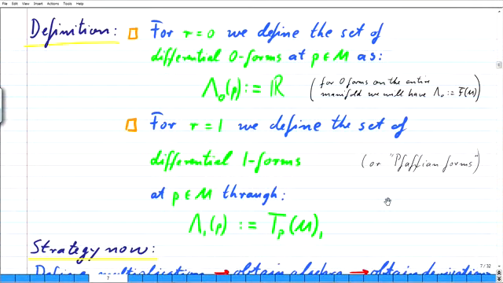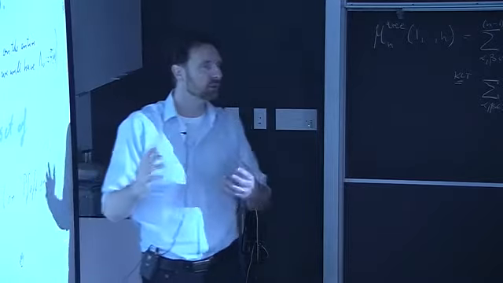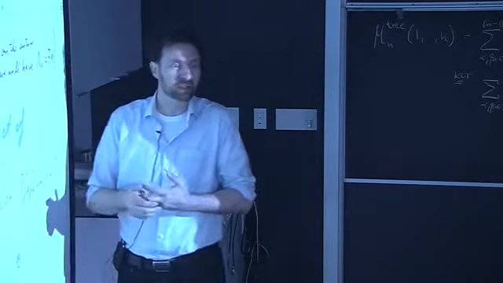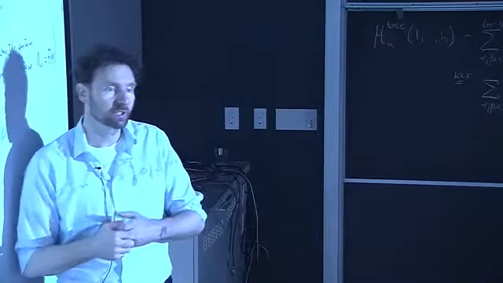Now what about r equals 0 and r equals 1? There's nothing to antisymmetrize. But remember I said that whenever we integrate over r dimensions, then what we are really going to do is integrate an r form. But surely we want to integrate also over one dimension, for example, to do one-dimensional integrals.